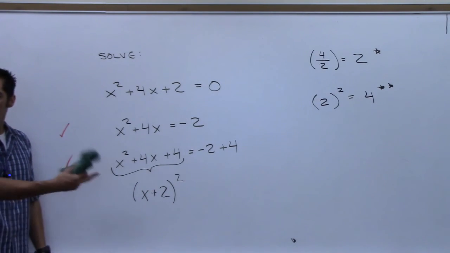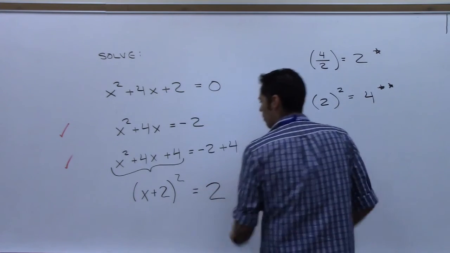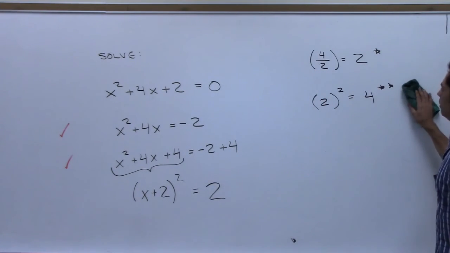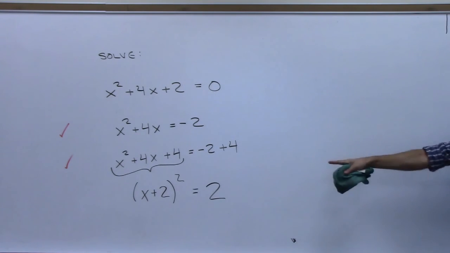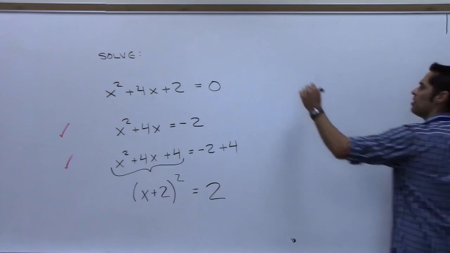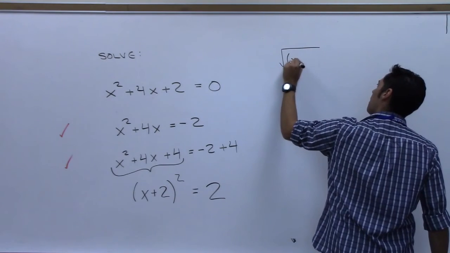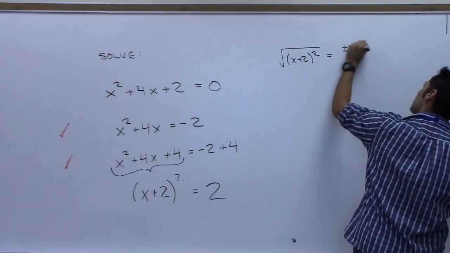And then the right side of the equation becomes 2, right? Negative 2 plus 4. Y'all okay with this? And now at this point, what would you do to solve for x? Square root both sides. So you'd square root the left side, and when you square root the right side, you have to do plus or minus root 2.